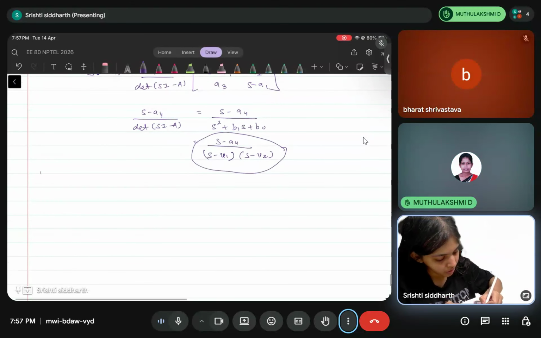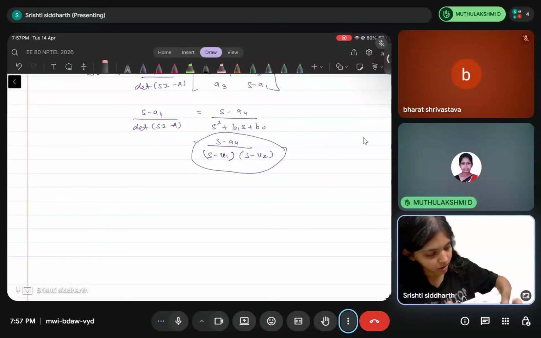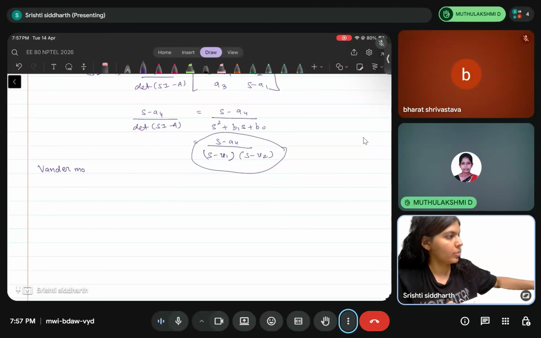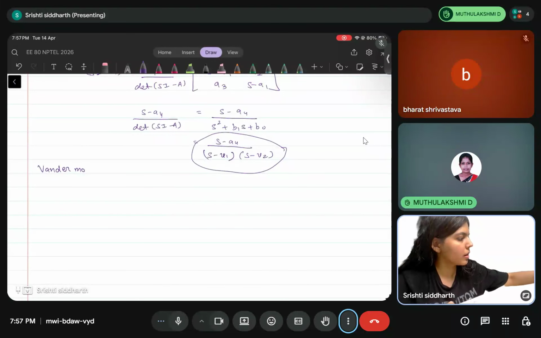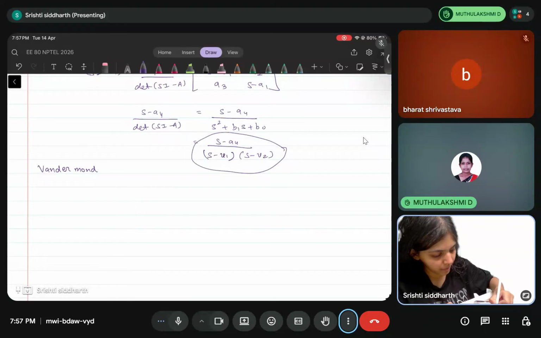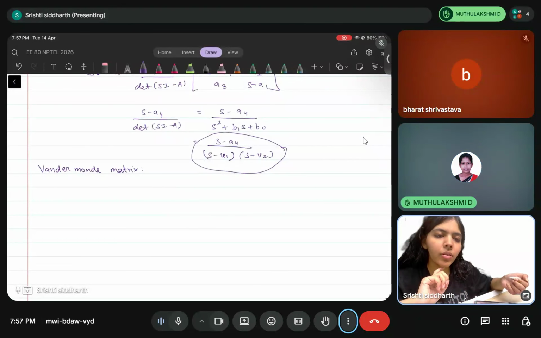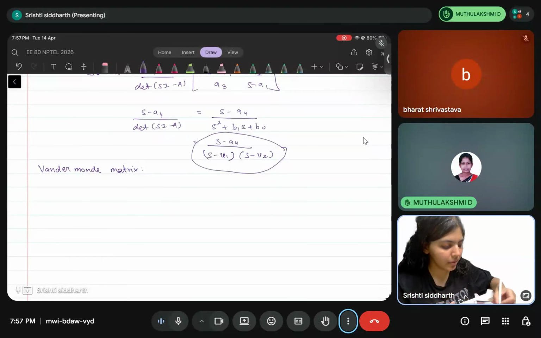Is it the modal matrix you are asking about? One second. Yes, it's when you have distinct eigenvalues that you can do that.